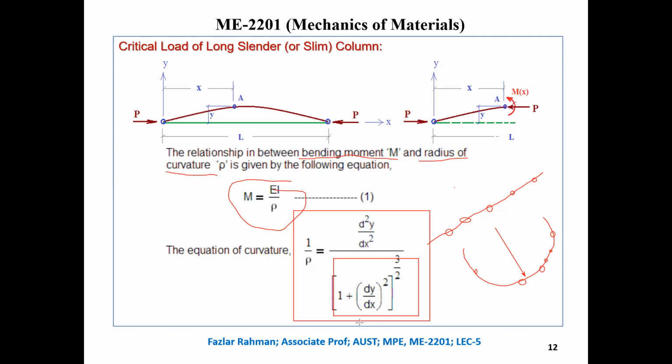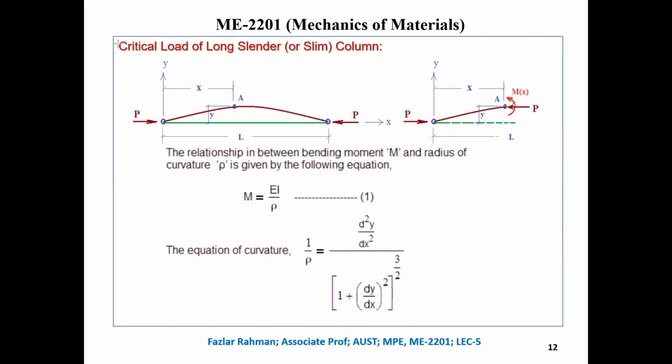The slope dy by dx will be minimum, where dy is the distance between two points and dx is the distance between two points along x. So if this is a small value, for simplification we can say 1 by rho equals only this value. Let's see in the next slide.